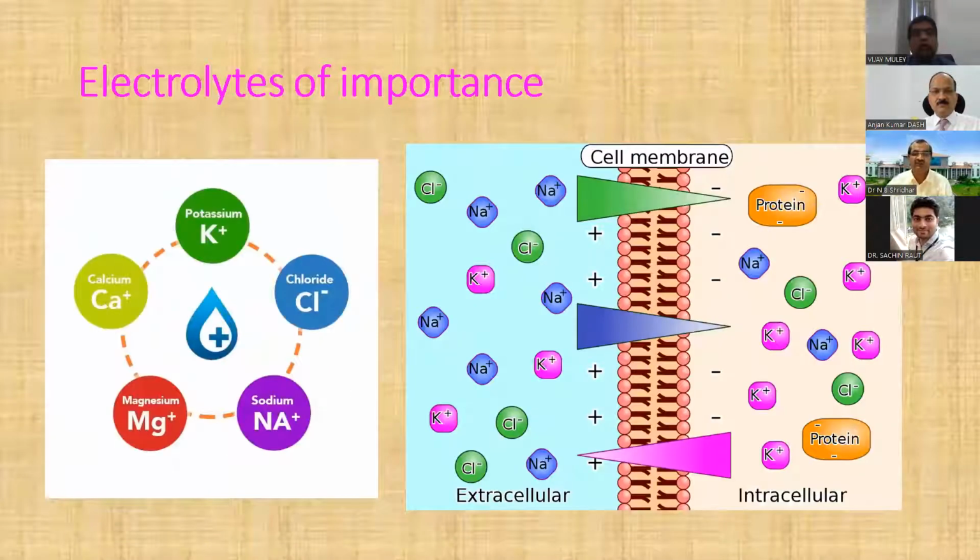Then the important electrolytes are potassium, calcium, magnesium, sodium, and chloride. These are all the important ions or electrolytes which are present in the extracellular fluid and also in the intracellular fluids. And whenever they are required, they are exchanged through the cell membrane.